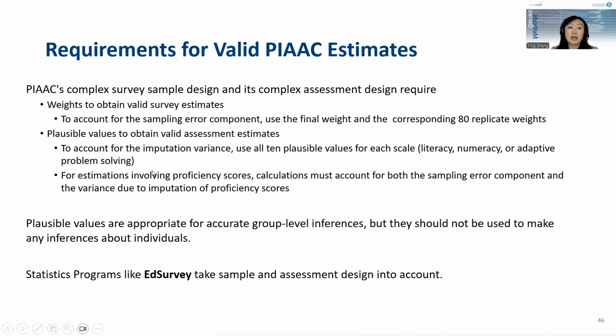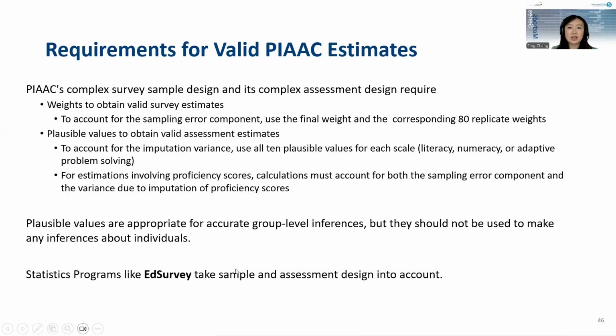All right, it's complicated, right? When you think about all the formulas, you have to follow Rubin's rules. But don't worry, the statistical package, the survey package, actually incorporated all the methods into its analysis.